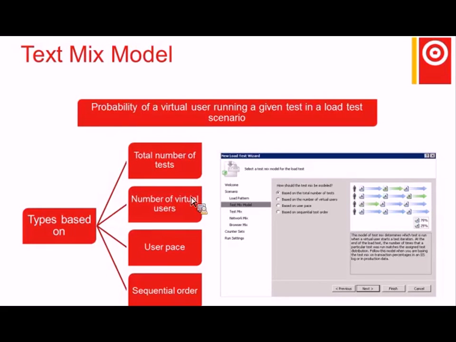Based on the user pace, we'll base it on how quickly the users are getting through it. And sequential, we just bang through and do them in a sequential order, which can be useful.